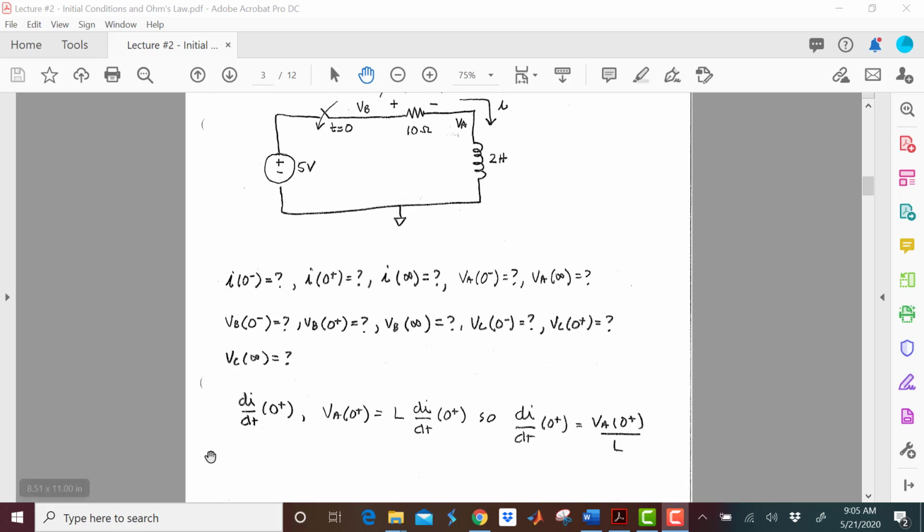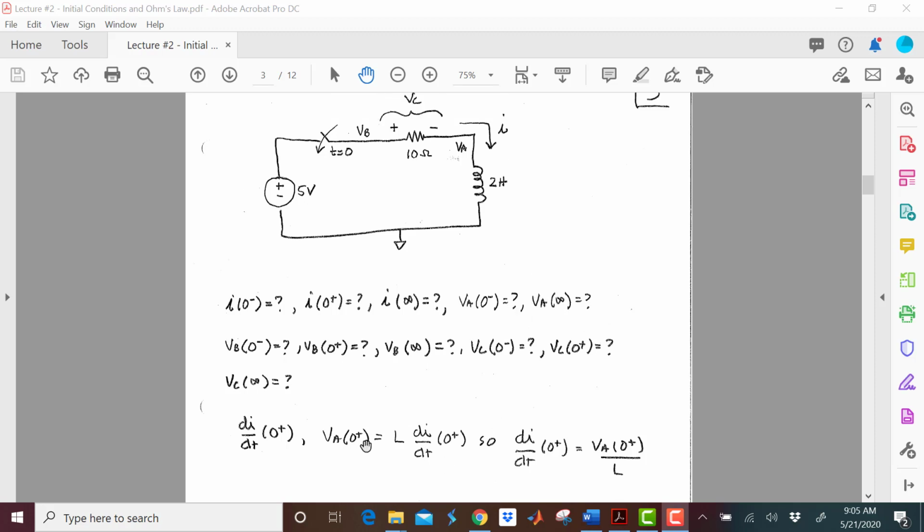Now I want to find di dt at 0 plus. You might ask, why are you so interested in this derivative? And you'll see that this is what we need to solve the differential equations for these circuits, and that's why we do it. So di dt at 0 plus.